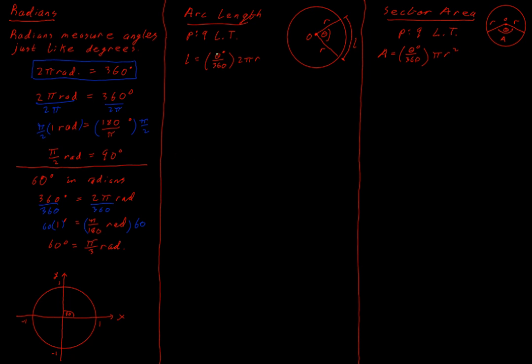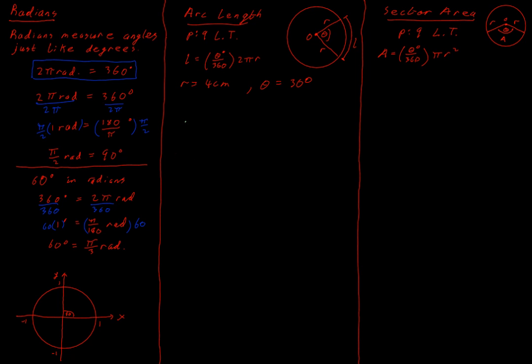So if we'd gone through 90 degrees, we'd have gone a quarter of the way around the circle, so we'd get a quarter of our circumference. Let's put this into practice in a question. If I said that OR was 4 centimeters, so the radius of my circle is 4 centimeters, and the angle I'll start off with being in degrees, we'll say is 30 degrees.